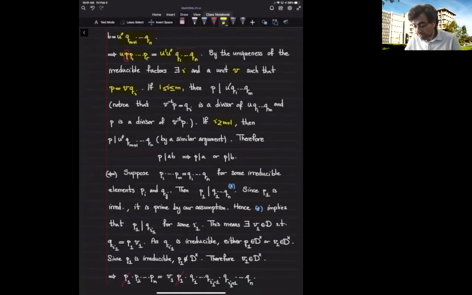So in the first case, P divides A. This is precisely how we defined A. Or if the index I is at least m plus 1, then P divides this product, and that is precisely B. So all together, we get that P dividing A times B implies that P either divides A or divides B. That means that P is a prime element.